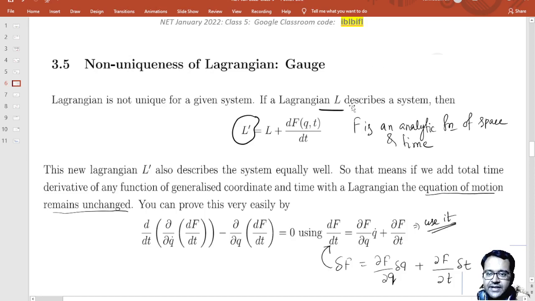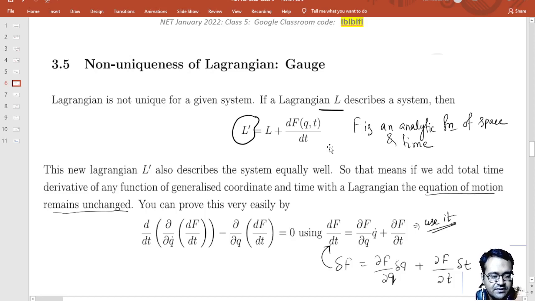That means if L describes a system and you add df/dt, what is f? f is an analytic function of position and time, a function of q and t. f could be any function. This is a generalized transformation, which could be called a gauge transformation. So if you add df/dt to a Lagrangian, the resultant Lagrangian will describe the system equally well.